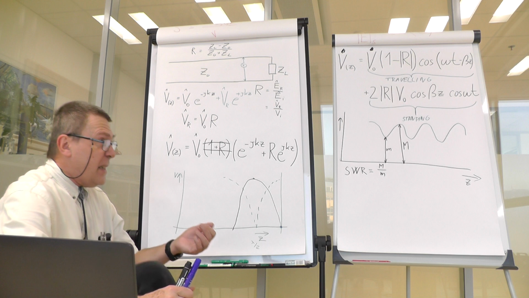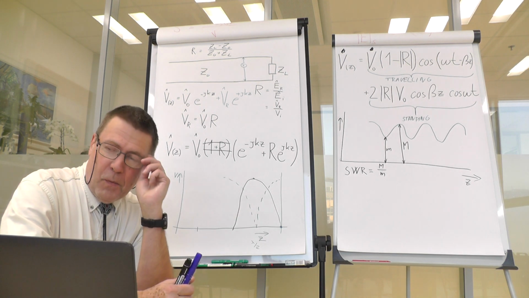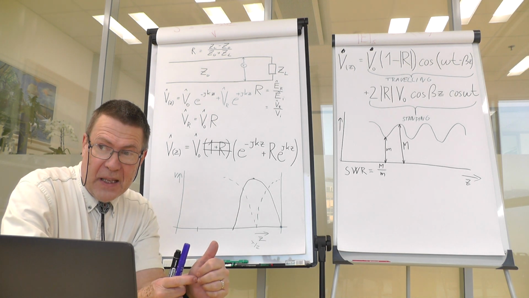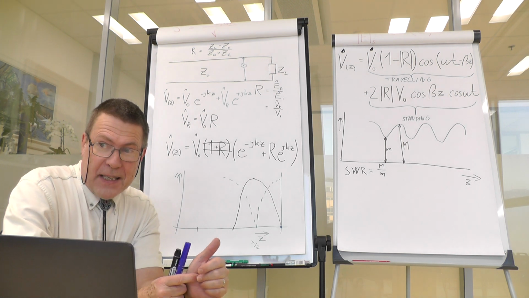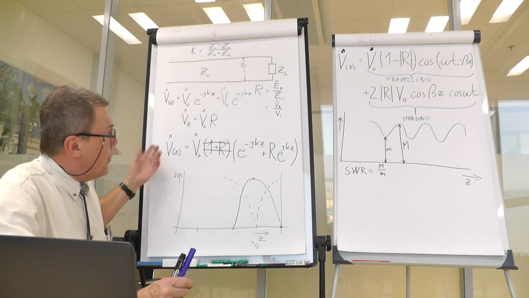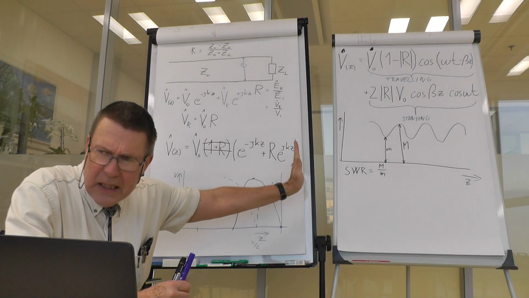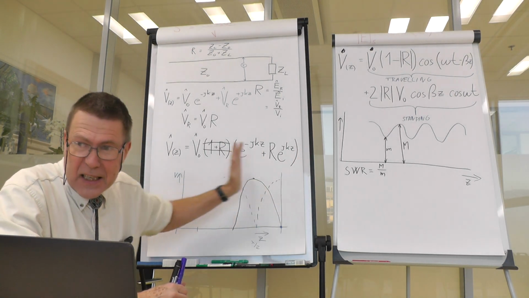Now, technically, why is this a problem? Well, first, you have some power that you transfer from the generator to the load, but it never gets into the load, it reflects back.